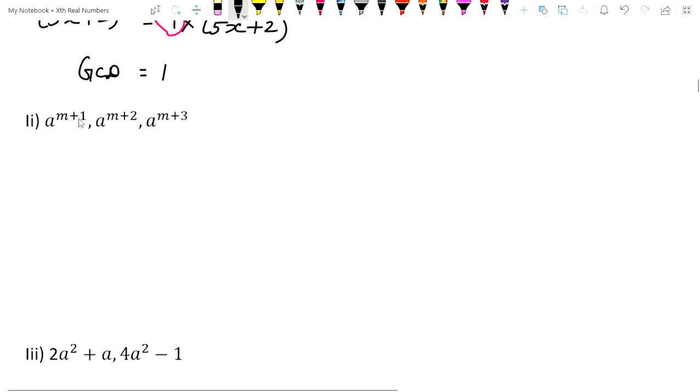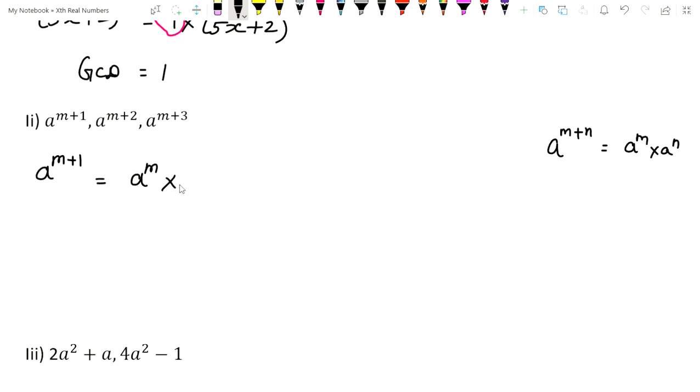a power m plus 1, a power m plus 2, a power m plus 3. You know that exponent formula, a power m plus n equals a power m into a power n. So we are going to use this. First take the first term, a power m plus 1. How can you write this? a power m into a power 1.